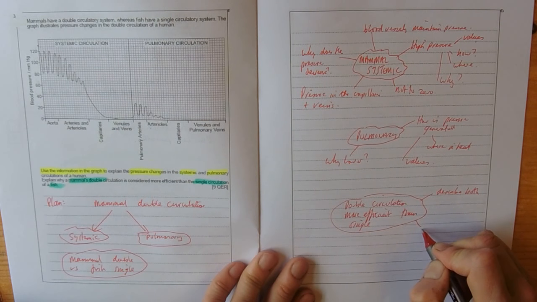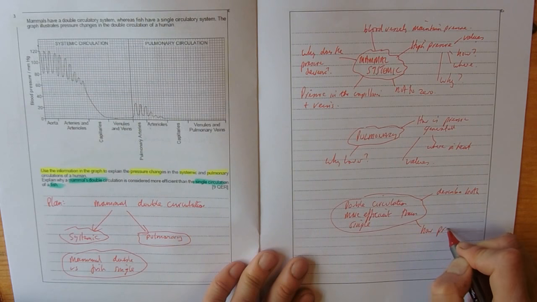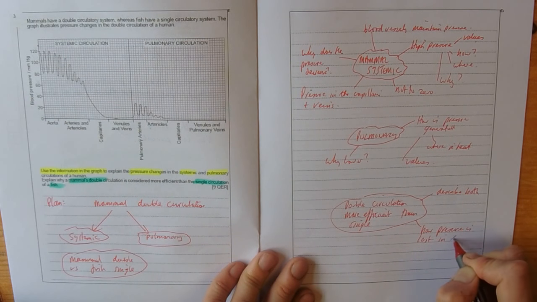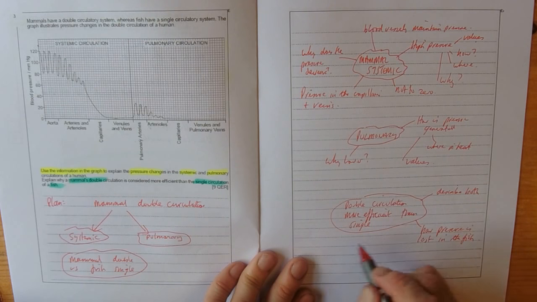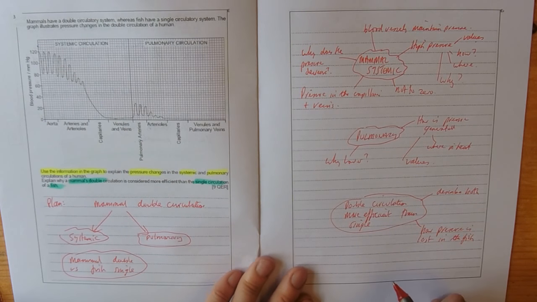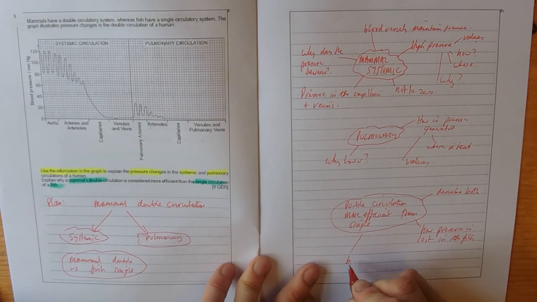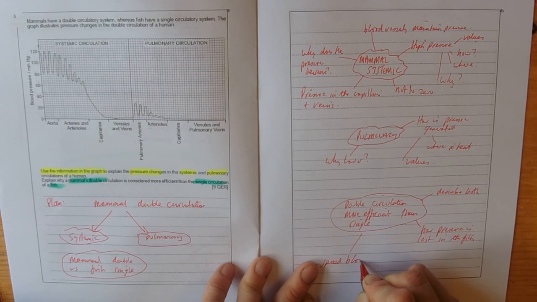If you talk about the fish, so how the pressure is lost in the fish. So in that single circulation, when you draw the diagram, how the pressure is lost, we can relate that into speed of blood flow.